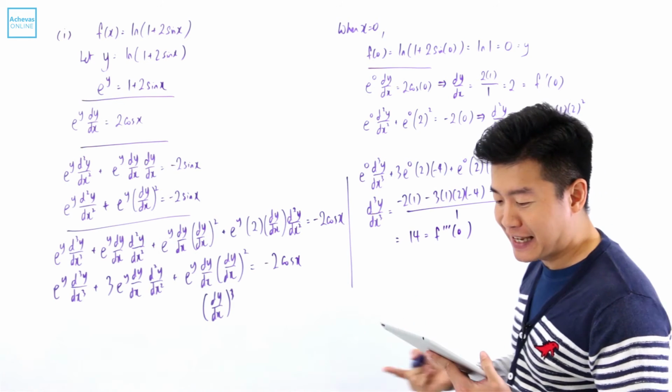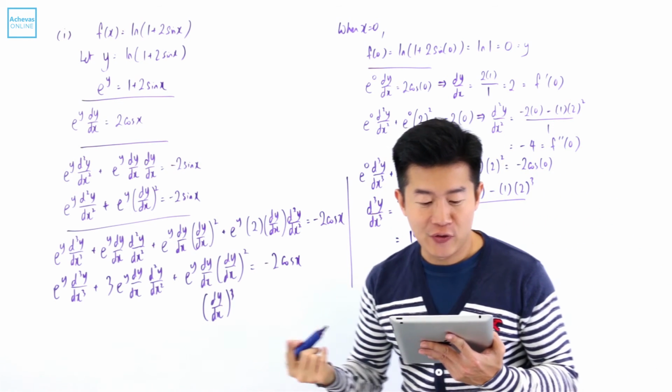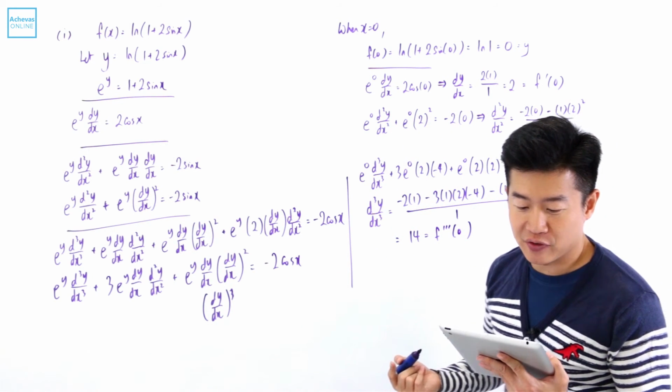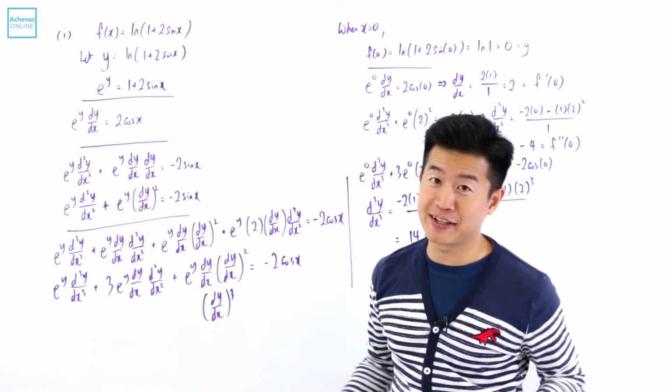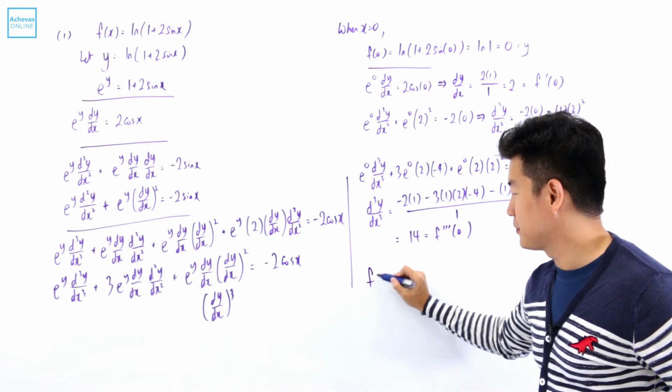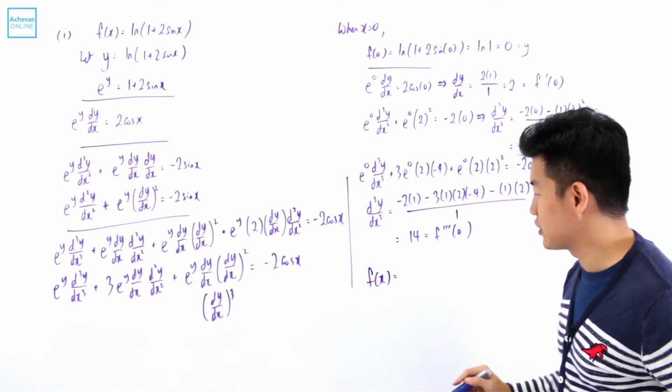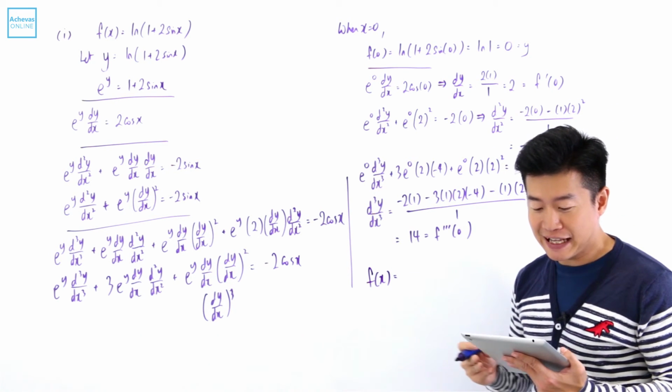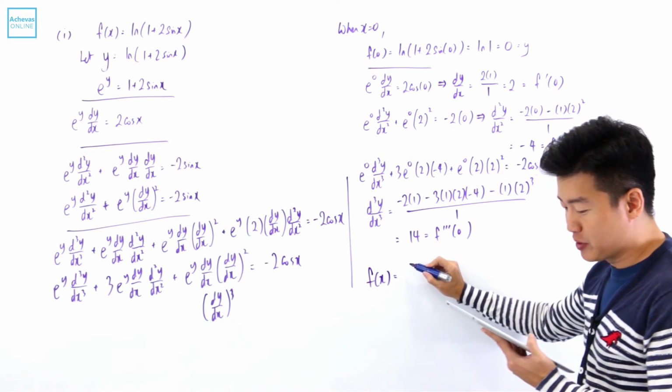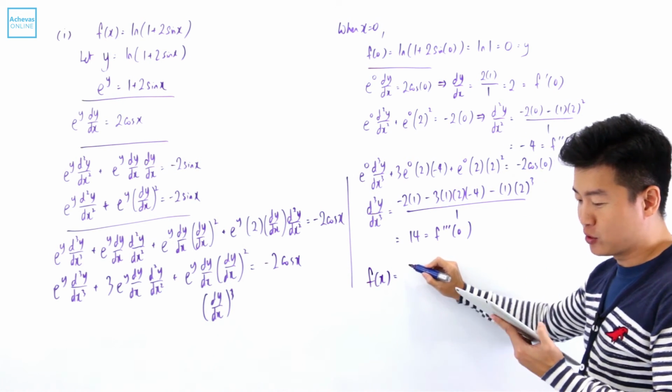We have gotten this, and hence we are supposed to write down the first 3 non-zero terms of the Maclaurin's expansion for f(x). Using the Maclaurin's expansion formula that is in the formula sheet, f(x) is going to be equal to, we want the first 3 non-zero terms. The first term is actually already 0.